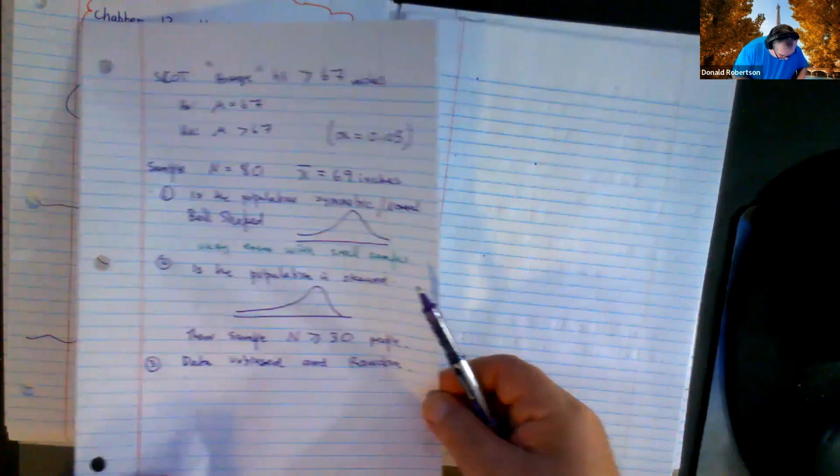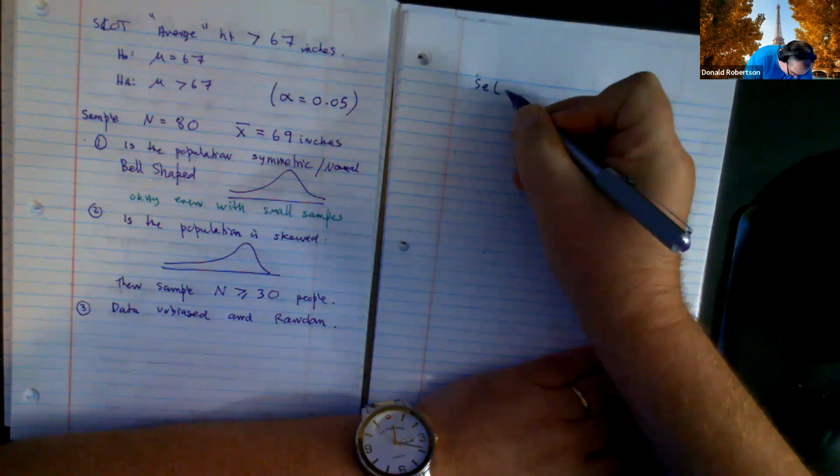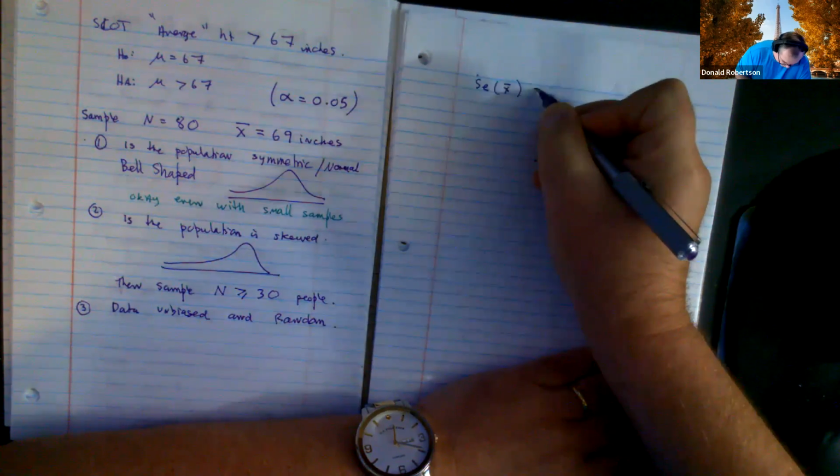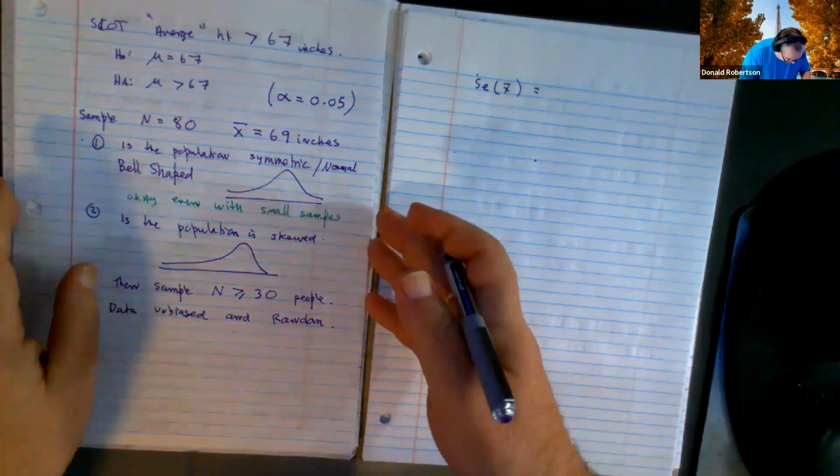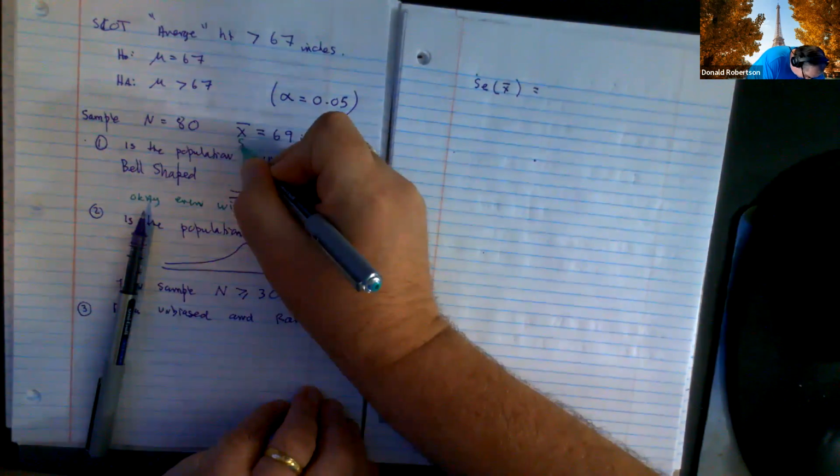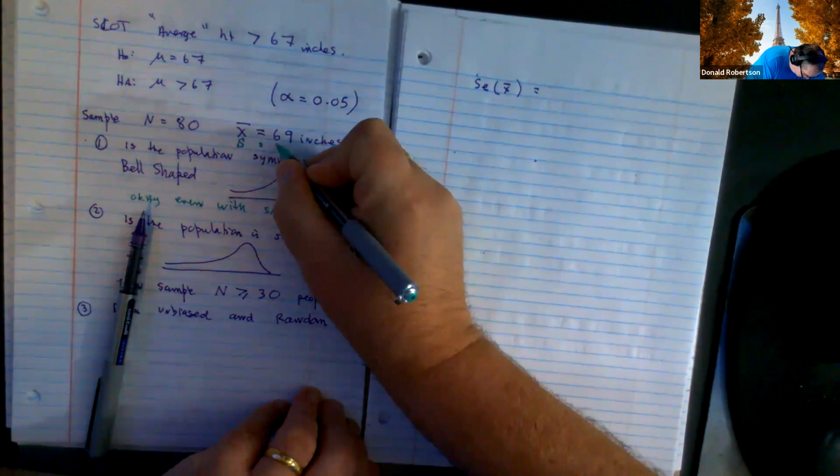So we've got the Scottish guys. I got this. Where am I off to next? Well, I'm going to have to find the standard error of a sample. And I forgot to tell you, so I'm now going to tell you that the standard deviation of my sample of 80 is 2 inches.